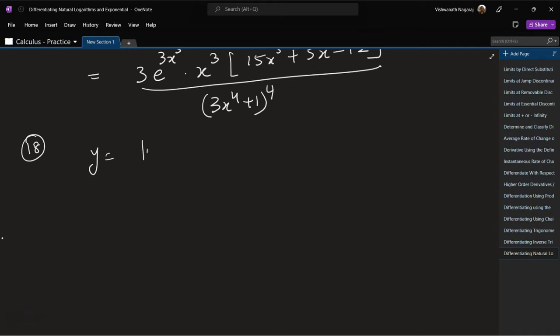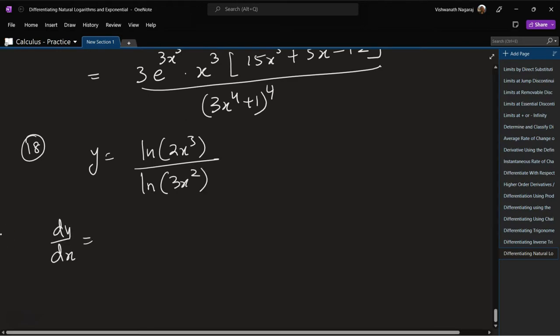y is equal to natural log of 2x cube by natural log of 3x square. Quotient rule: the denominator as it is and the derivative of the numerator.